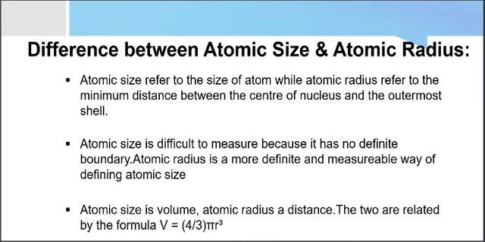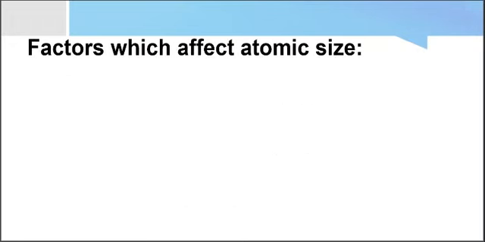Atomic size is difficult to measure because you don't have any definite boundary of any atom. Atomic radius is more accurate. We can't say that it is a very accurate measurement, but it is certainly more measurable in comparison to atomic size. Atomic size is the volume and atomic radius is distance. So this is related by the volume formula.